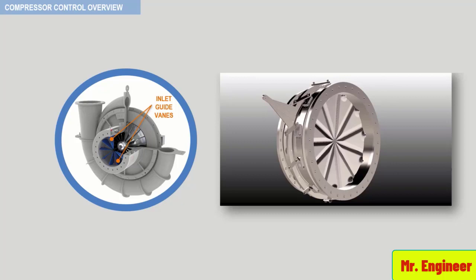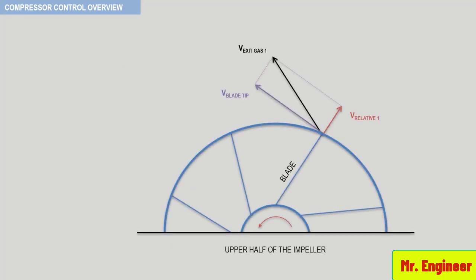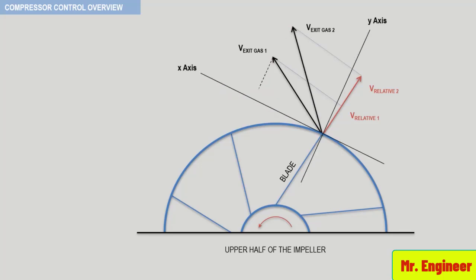To better illustrate this concept, let's refer back to our upper half impeller schematic. If the inlet guide vanes are manipulated in such a way that the velocity relative to the blade is increased, as depicted here, then the resultant gas exit velocity will have a lower tangential velocity.